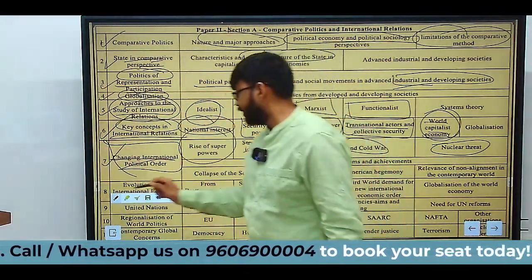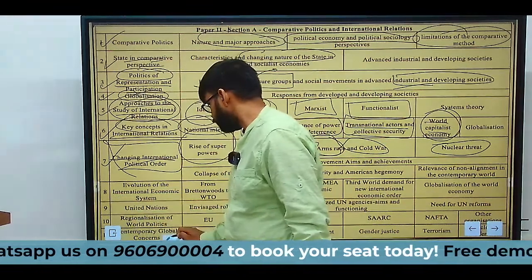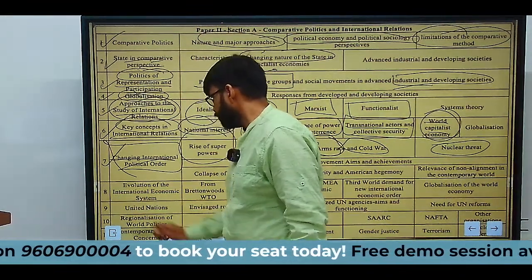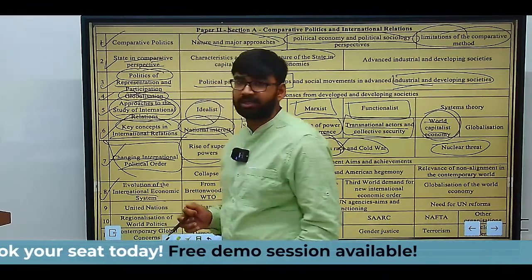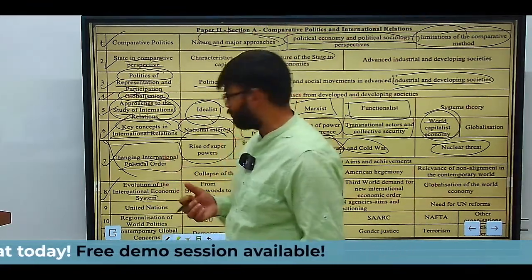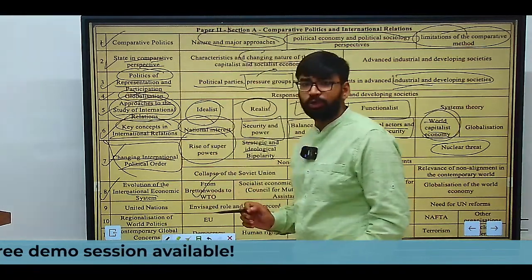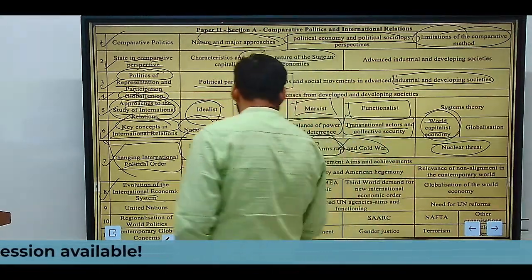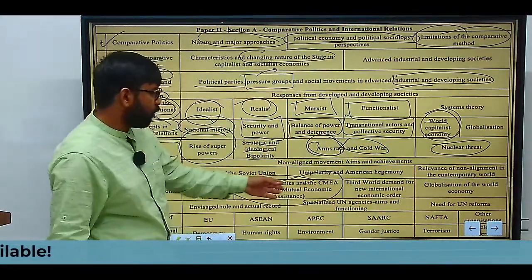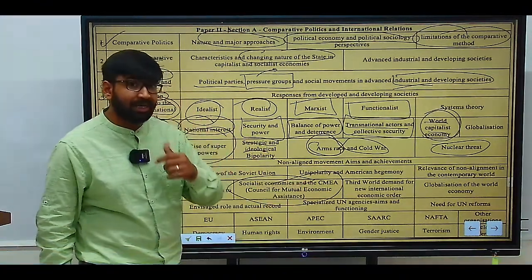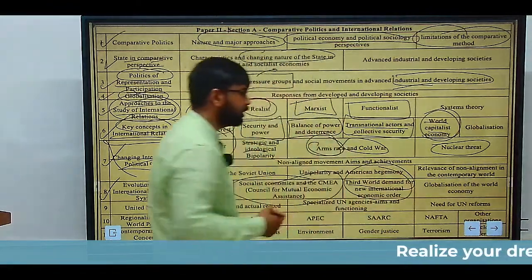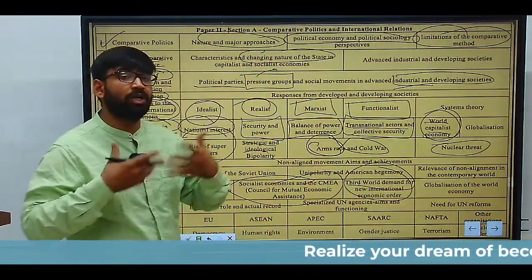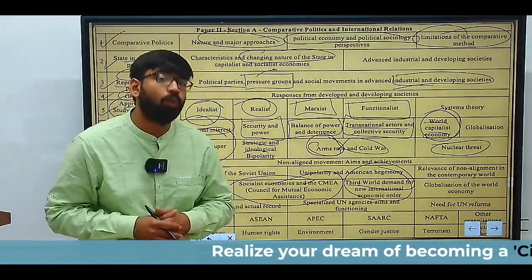Clear? Then chapter number 8, section A, the evolution of the international economic system. How the international economic system was created, like the birth of WTO, then CMEA, the Council for Mutual Economic Assistance, then the third world demand for a new international economic order, then globalization of the world economy, that is after 1991.